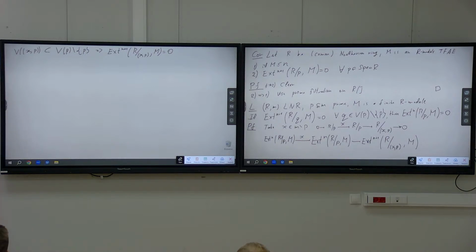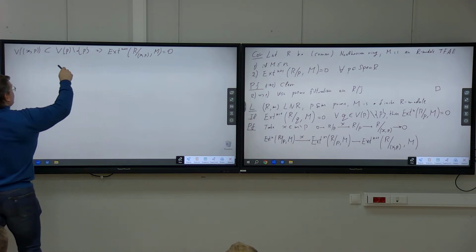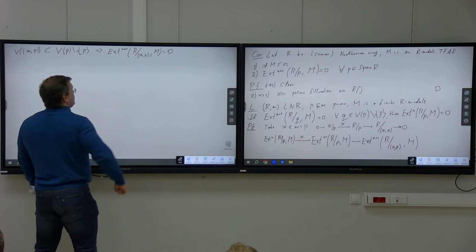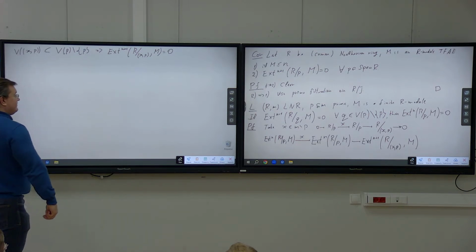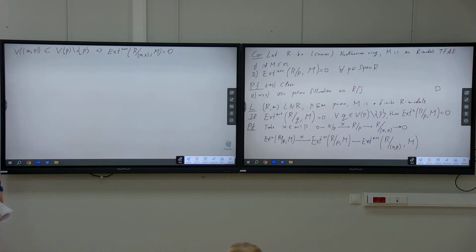The argument is the same: use prime filtration. So for all primes containing this ideal, so all primes in the support, we know the vanishing by the assumption of the lemma, and then prime filtration gives us the vanishing of this Ext with the index n+1. Yeah, in the lemma, then Ext^n.